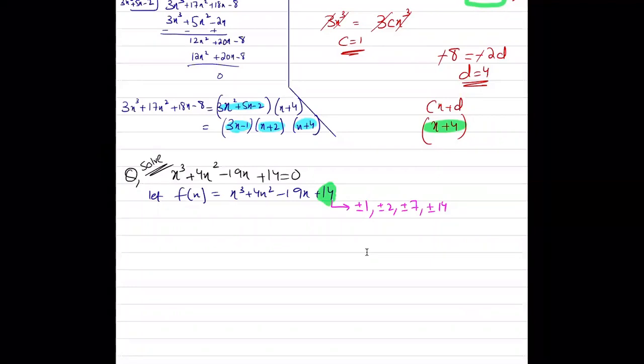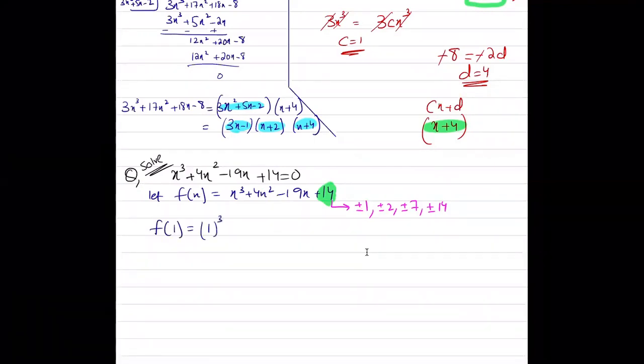Now I'm just going to randomly plug in any of these. These are 8 factors, both positive and negative. I just want to get one factor that is going to give me the remainder 0 when that value is plugged into the function. Let's try out with 1.